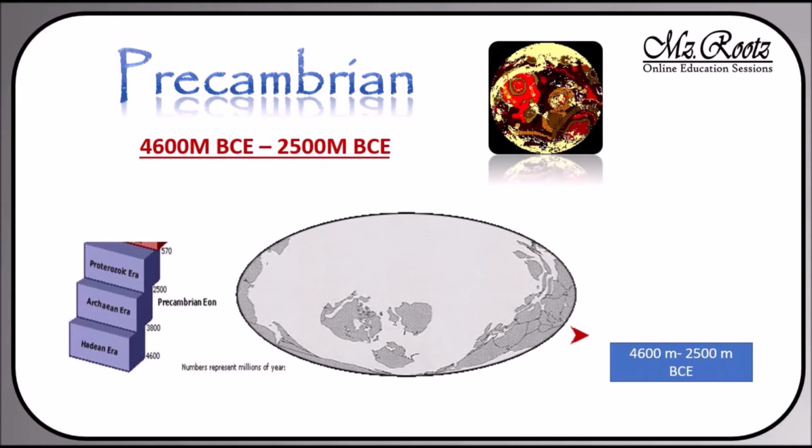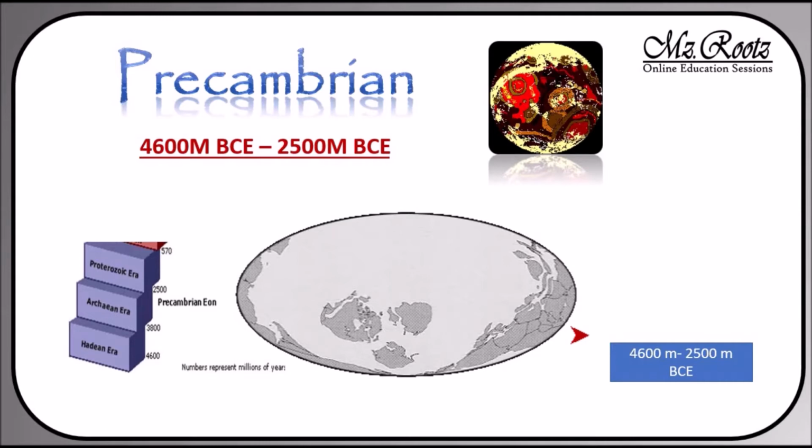This eon covers almost 90% of the entire history of Earth. It has been divided into 3 eras: the Hadean, the Archaean, and the Proterozoic. Each era is very different.